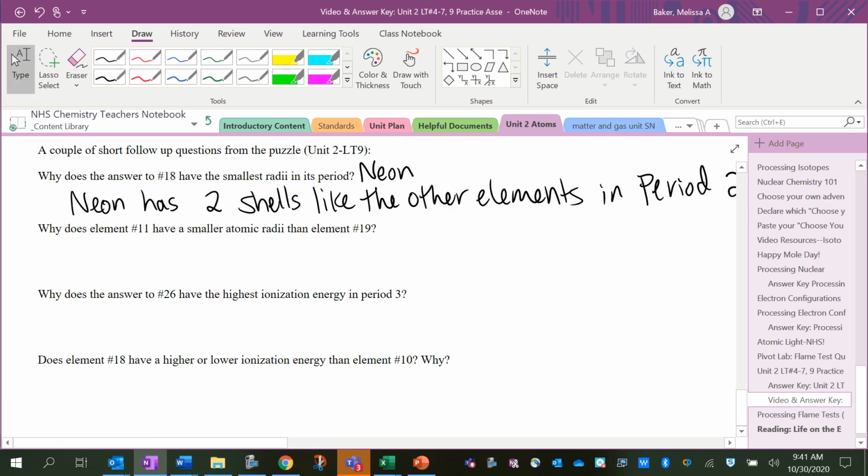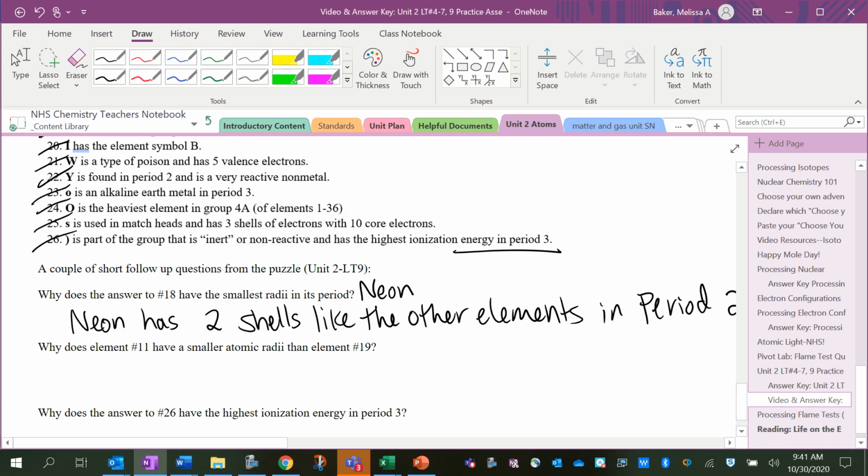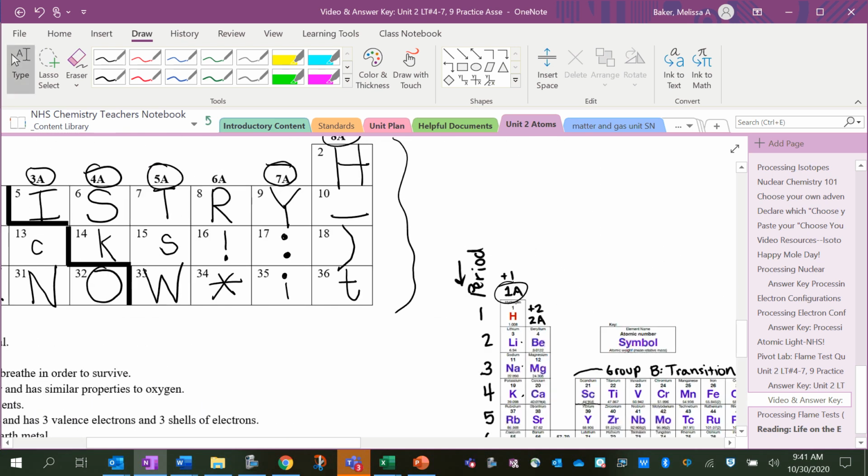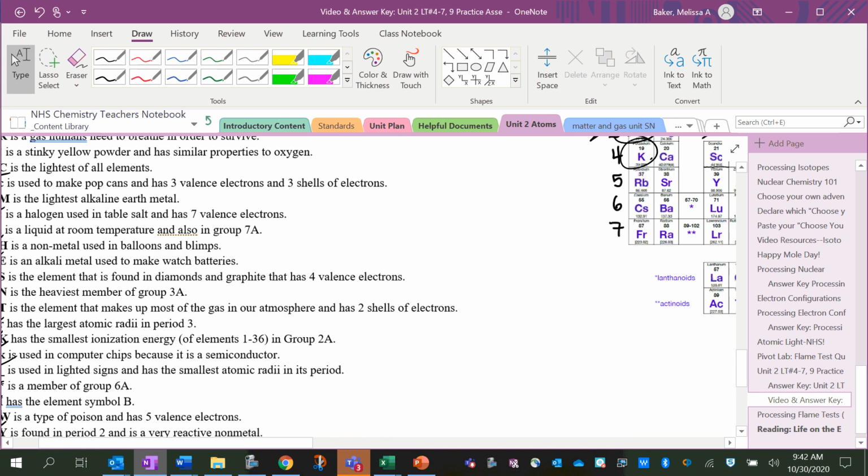Why does element number 11 have a smaller atomic radii than element number 19? So element number 11 is sodium. Why is it smaller than potassium? The answer is it has less shells.